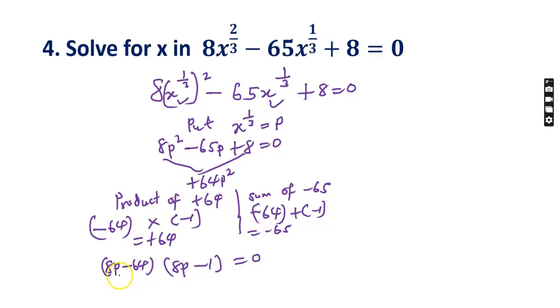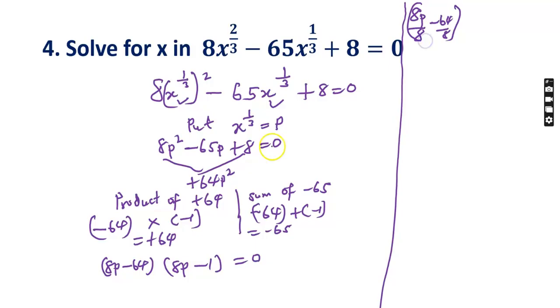That is 8, so I can reduce that. I'll have 8p over 8 minus 64 over 8, close bracket. The HCF of 8 and 1 is 1, so it remains the same. 8p minus 1 is 0.